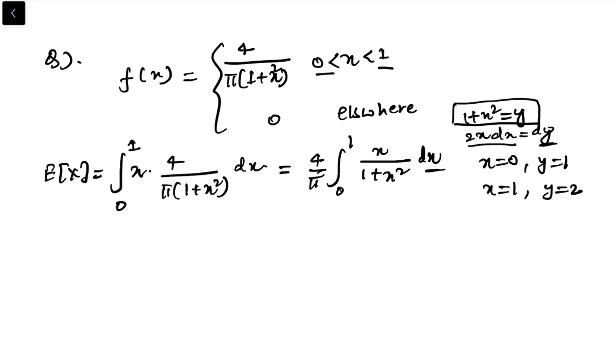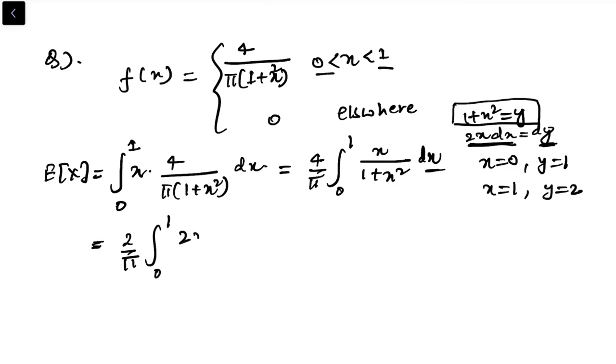Now let's substitute all the values inside the integration. So this is 4 over pi. Okay, we can make some adjustment here. We can write 2 over pi and send 1 2 inside, so that we can make this 2x dx, so that it will be easier to substitute dy directly.